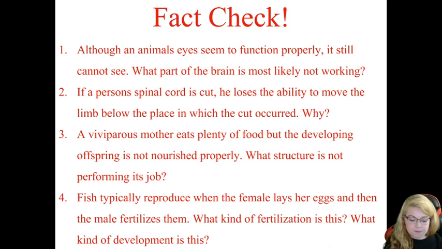What kind of fertilization is this, and what kind of development is this? This would be an example of external fertilization, because the fish is aquatic, so most likely it's going to be external. The female lays her eggs and then the male fertilizes them after she's already laid them, so external. And then what kind of development is this? This is oviparous development. Okay?